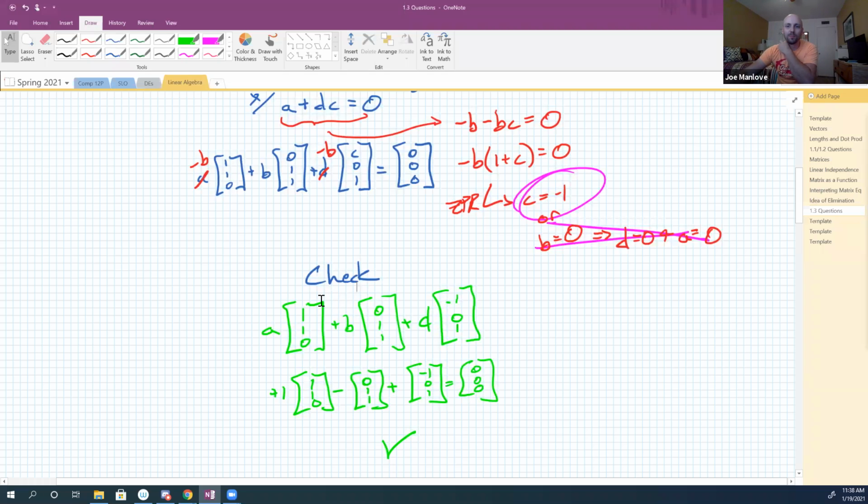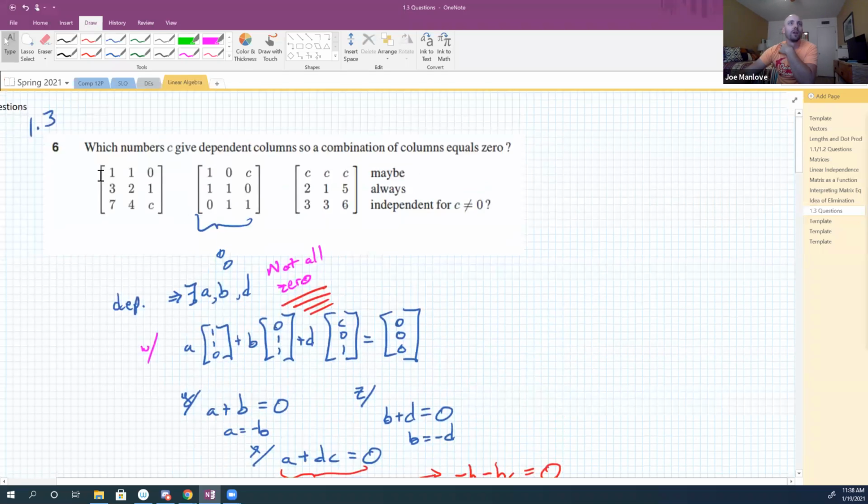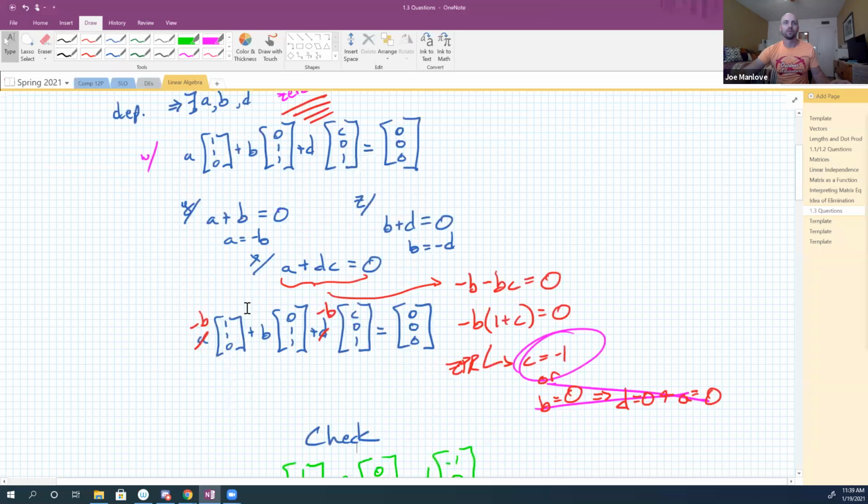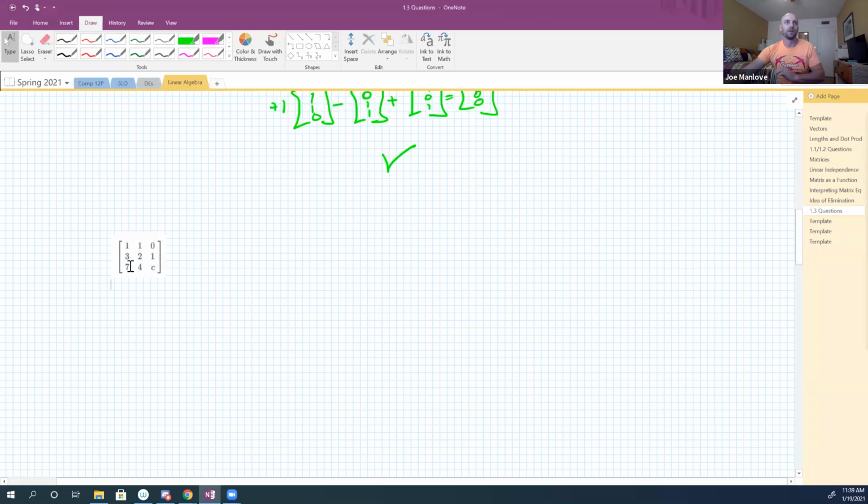So that was essentially part B, right? So if I want to go through and do that with A, there's some kind of more eyeballing stuff you can do. On part A, I can see that if I'm going to get 0 in the top from adding multiples of these three vectors together, I'd probably be a little lazier.